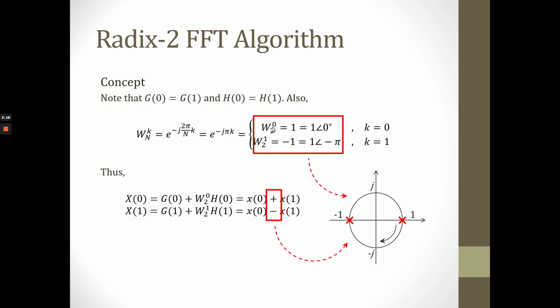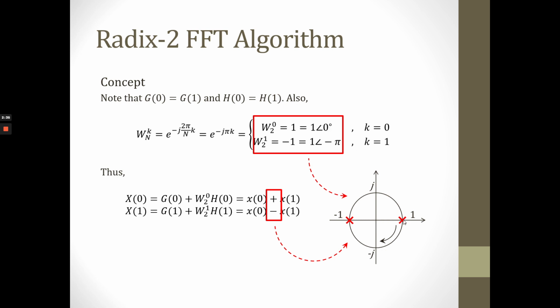So we have this one for W0, the magnitude is positive 1 at this point. The value is positive 1, the magnitude is 1, and the phase is 0.